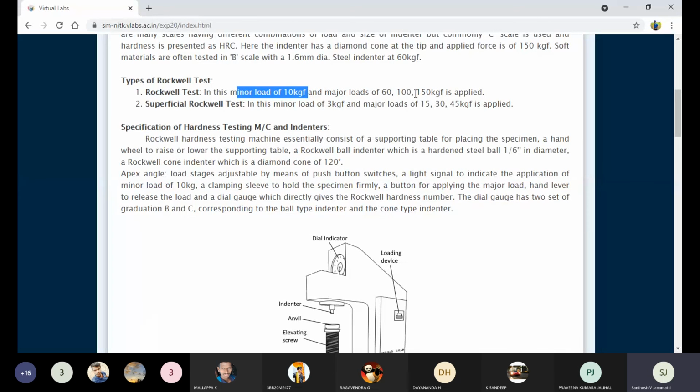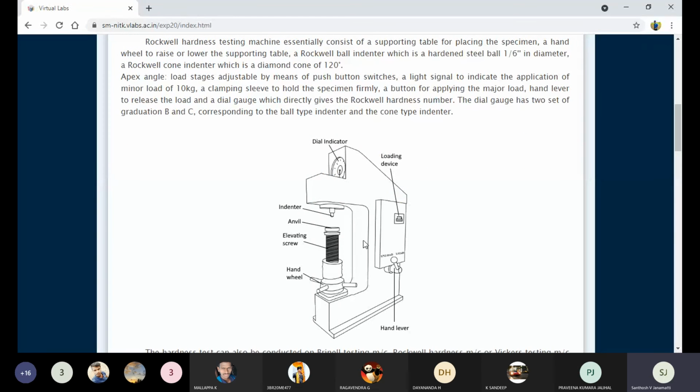Major load we can determine based on the type of the material, because here there is a chart depending upon the material, the loads and the indenter. Everything is in the chart in the machine itself. Whenever you come to the practical laboratory, that machine itself has a chart.